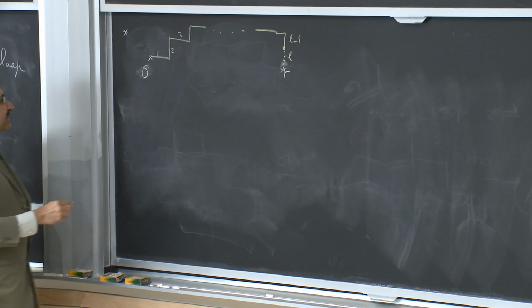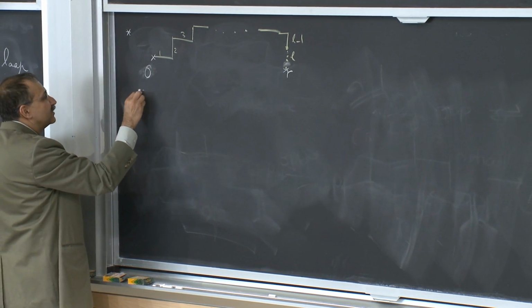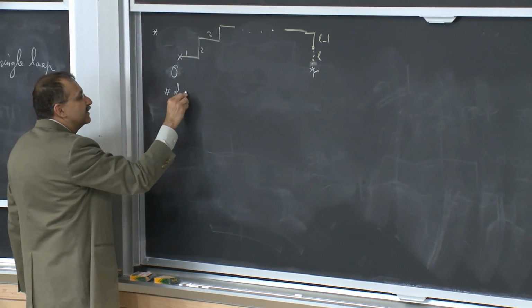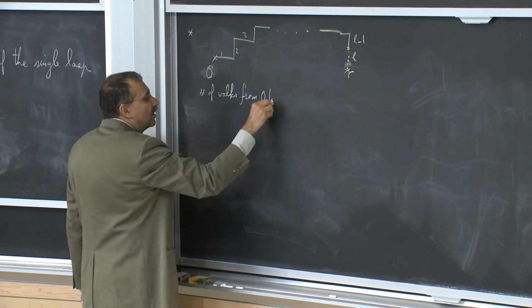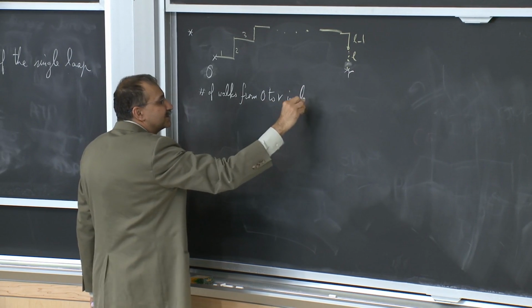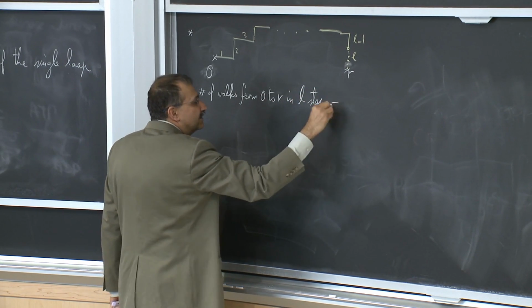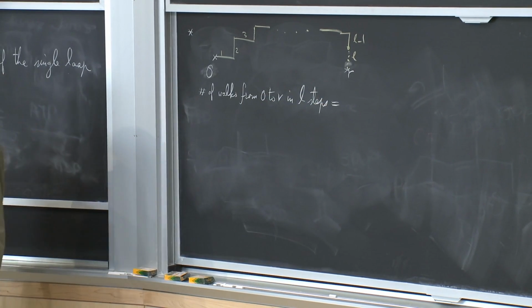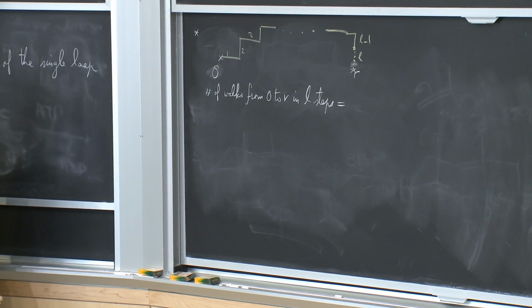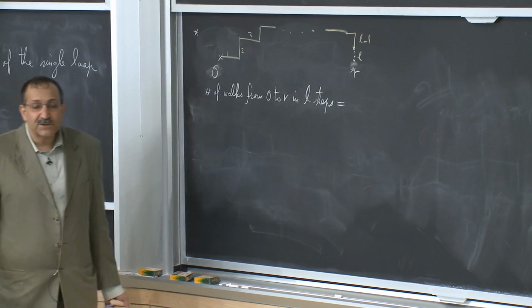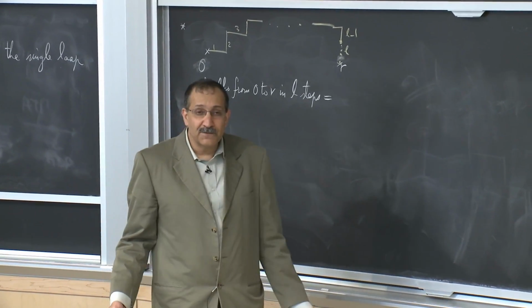So I can certainly state that the number of walks from 0 to R in L steps, well, any walk that got to R in L steps, at the L minus 1 step had to be somewhere.